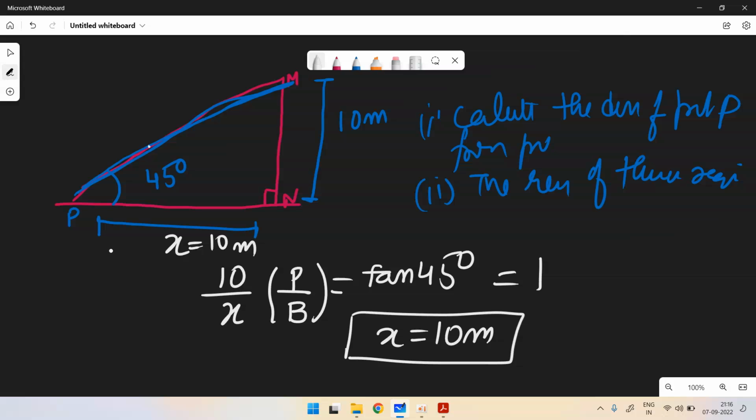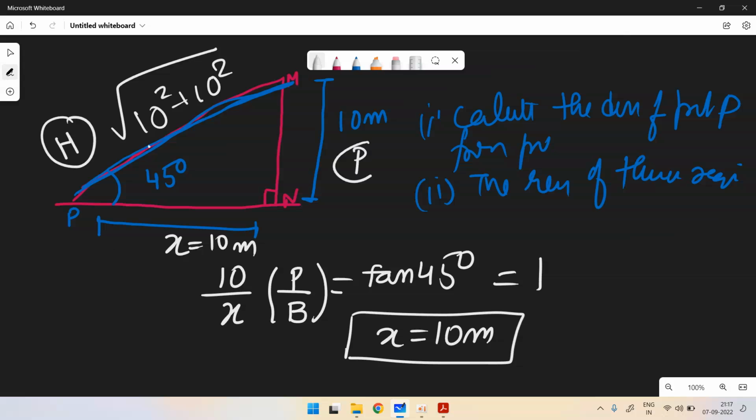Now you need to calculate the length of this thread. You can use any method. You can even apply the Pythagoras theorem, and this will be the square root of 10 squared plus 10 squared. But using trigonometry, let me take this to be my H. I know P by H, where P is given, H is unknown, and theta is known.